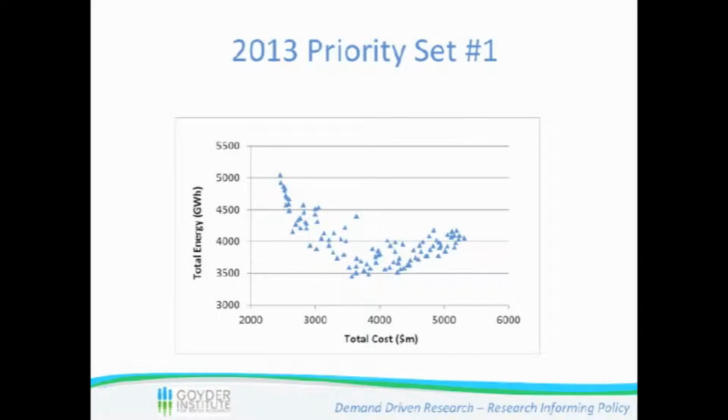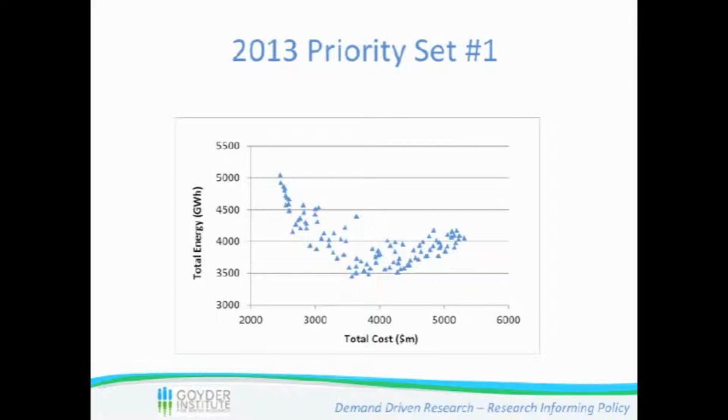So when we do the optimisation, we don't come up with a single solution, we come up with a set of solutions. Here we've got about 100 of them, and we're looking at these plotted in two of the objectives. Now, when I say 100, these are 100 efficient solutions of the thousands, many, many thousands of solutions that you could have.